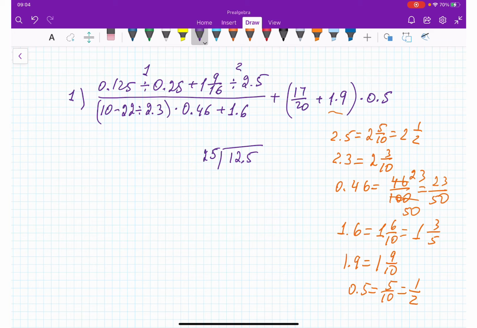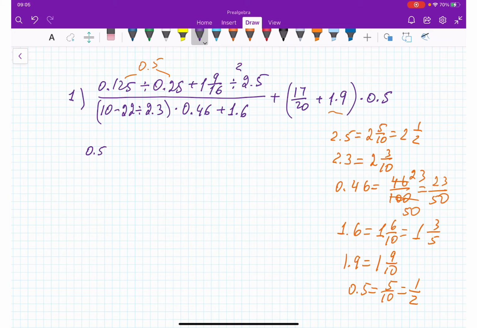So 12 by 25, it's going to be 0, right? And the decimal point comes there because it ends the whole number. And 125 by 25 is 5. Okay, so 0.5.